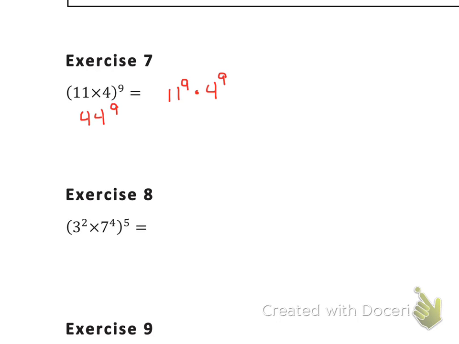For exercise 8, we have raising a power to a power, and so we have 3 squared times 7 to the 4th, all raised to the 5th power. Again, when raising a power to a power, we want to multiply. So that is 3 to the 2 times 5 power times 7 to the 4 times 5 power. And then we simplify, so that's 3 to the 10th times 7 to the 20th.